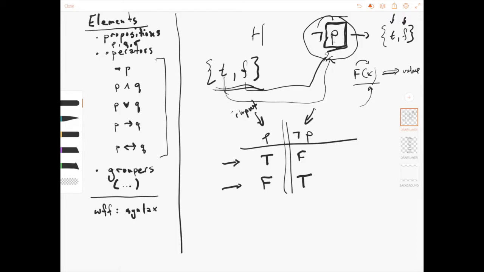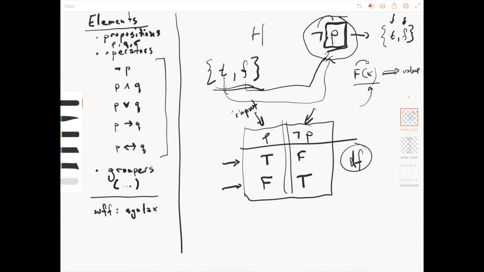If you think about it, this truth table we just constructed tells us exactly how the not operator, in other words, negation, behaves. In a sense, it's a definition of negation. Why is that? Well, think about it.